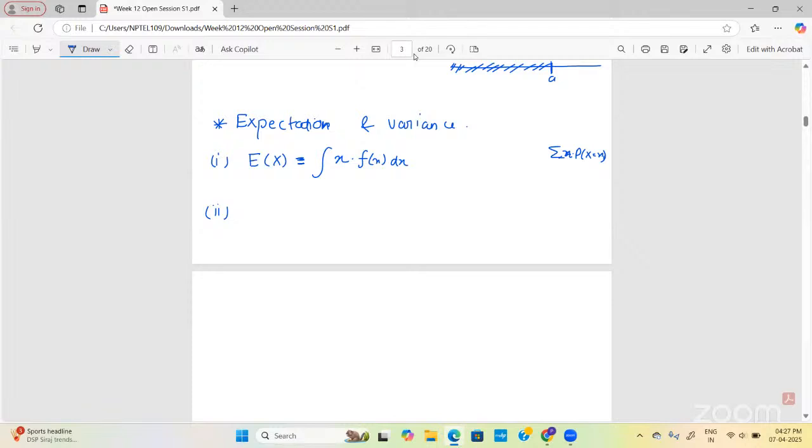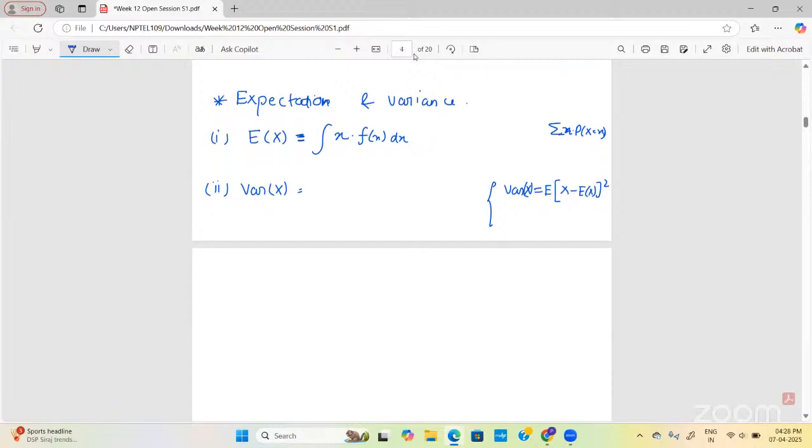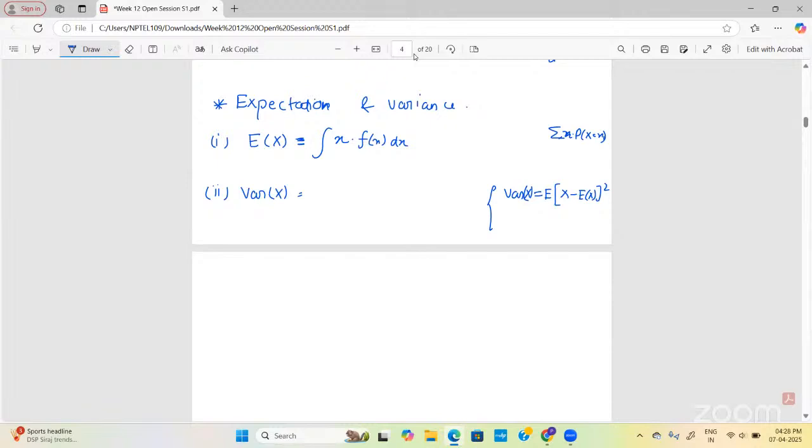Now we have to find the variance of x. So what is the formula for variance if you have to find it in general? It is the expectation of (x minus expectation of x) whole square, right? Yes. So this is the formula for the variance of x. Now can you tell me how we can write it for the continuous case?